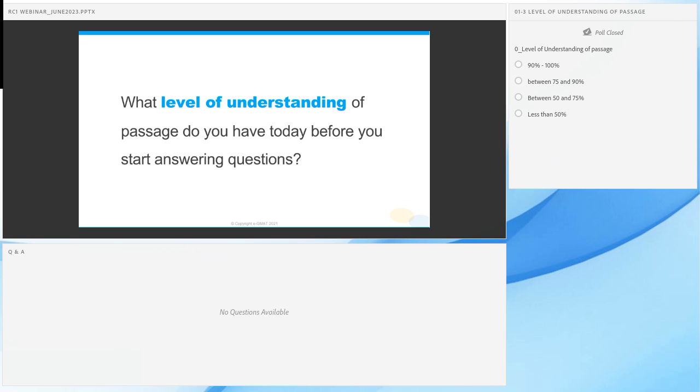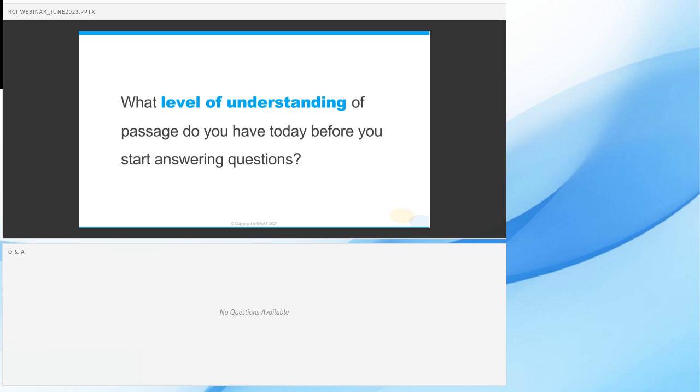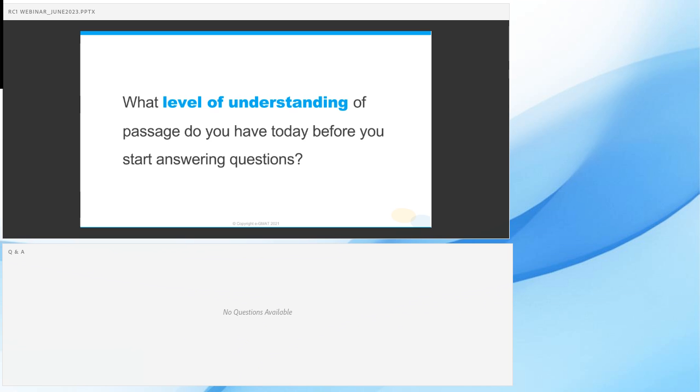And you can see half the class is in that 50 to 75% range overall. And then we have a few folks who have less than 50% understanding, and then very few folks who are in that 90 to 100%. My goal would be to get more and more of you into that 90 to 100%. As we talk about reading strategies and apply them, you'll see that there's just so much to extract from a simple set of sentences once you focus on keywords and the aspects that those keywords imply.